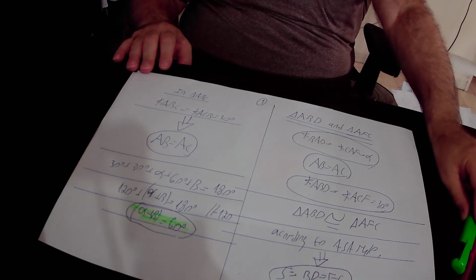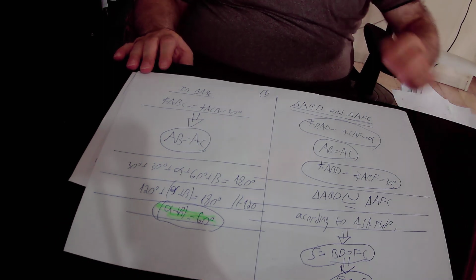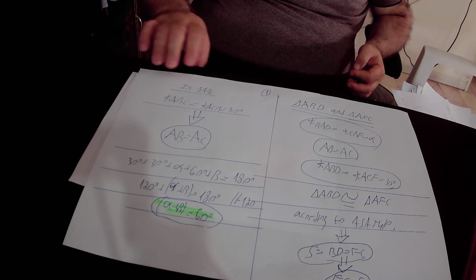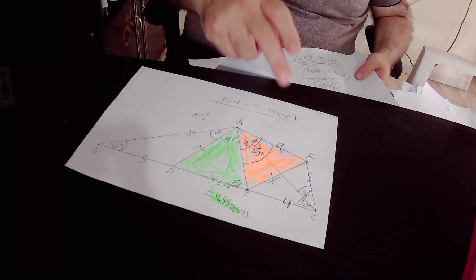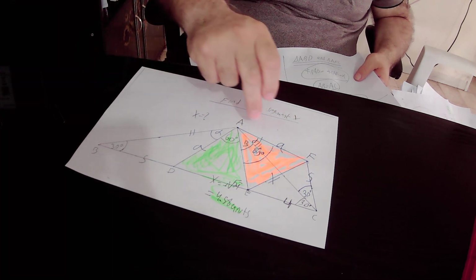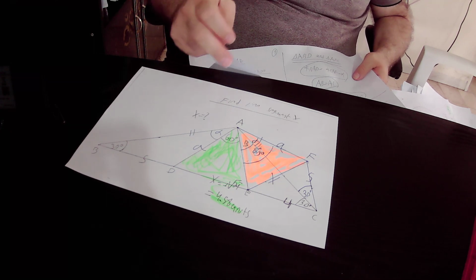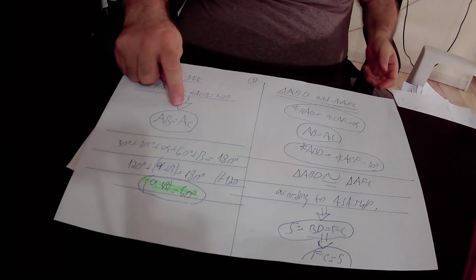According to the rule that opposite equal angles in a triangle there are equal sides, opposite this angle we have side AB, opposite this angle we have side AC, and those two sides must be equal to each other, that is to say, side AB equals side AC.